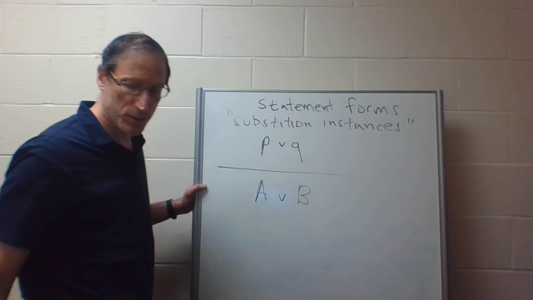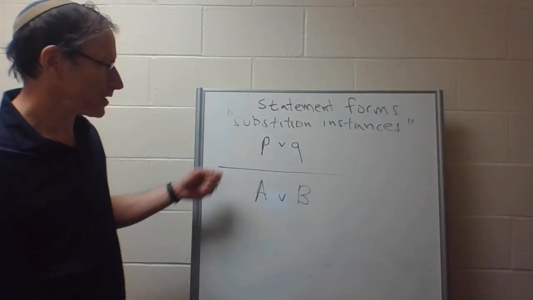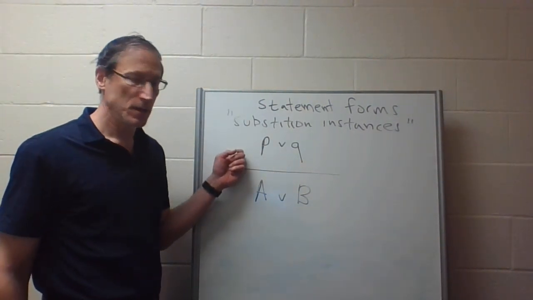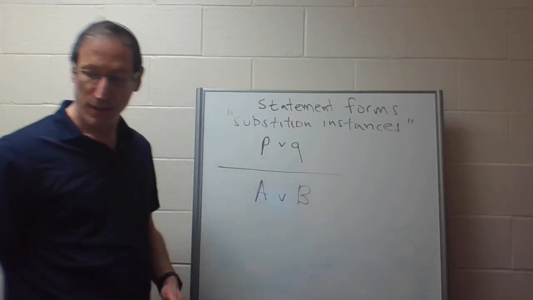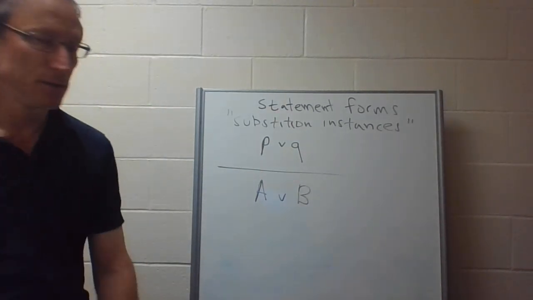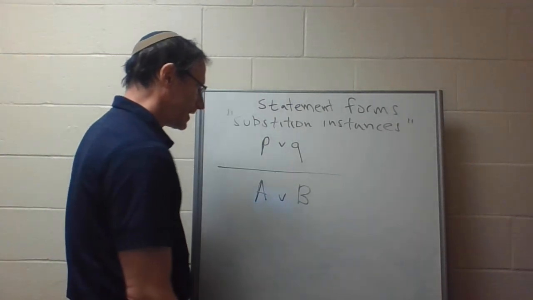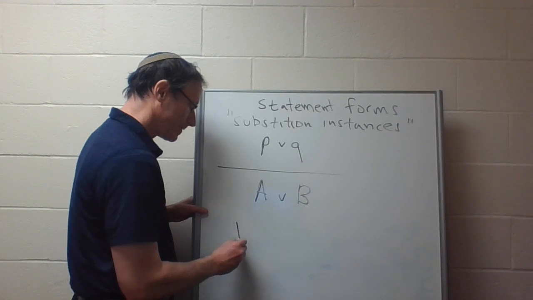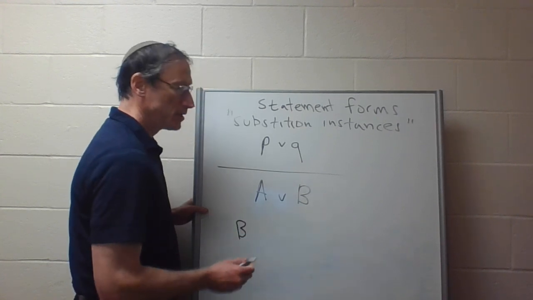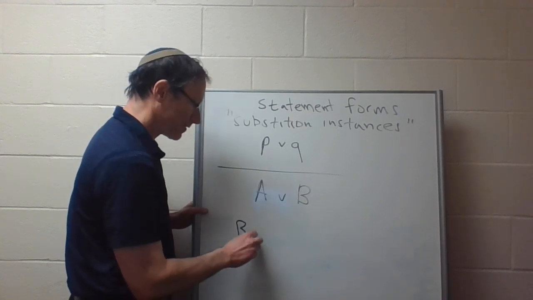P wedge Q is a statement form, and it can take as a substitution instance many different possible statements. So for example, what about this? Does this look like a good substitution instance of this form?